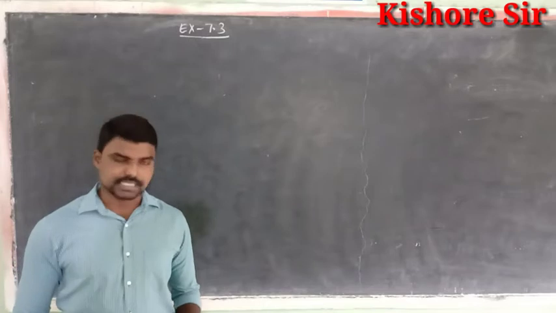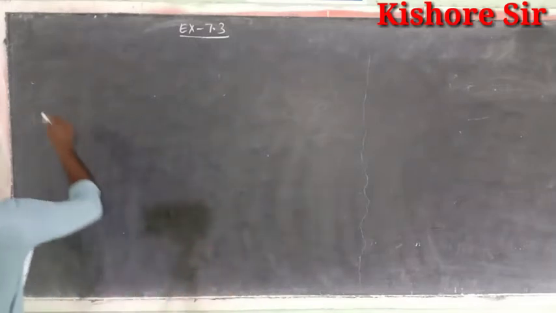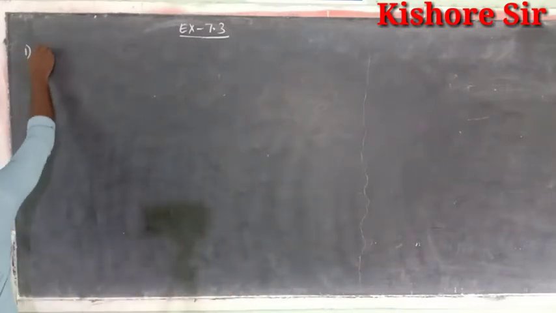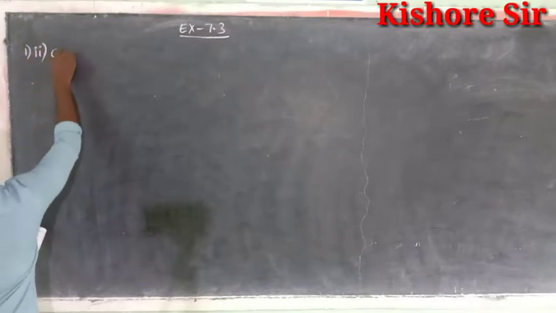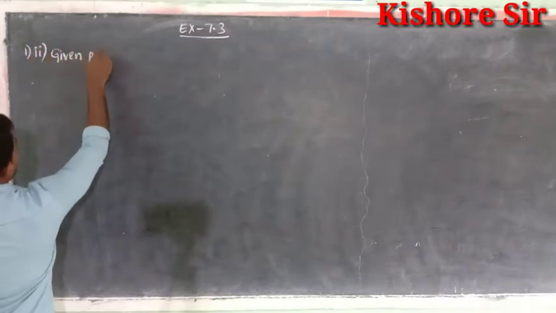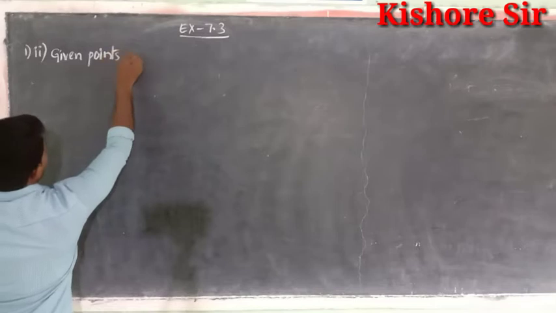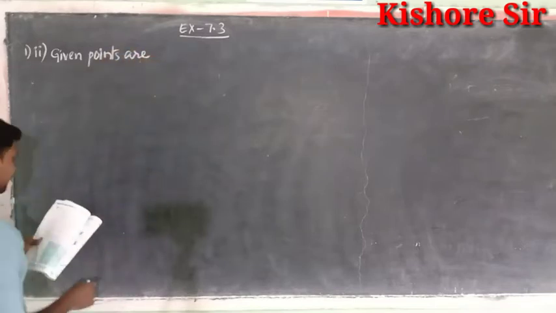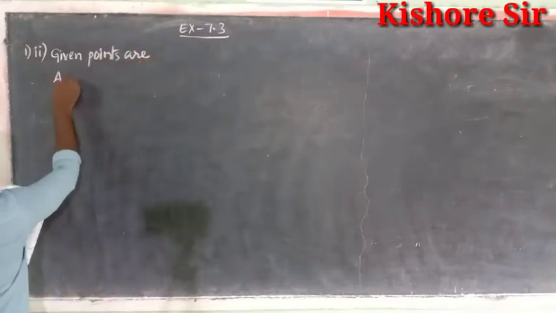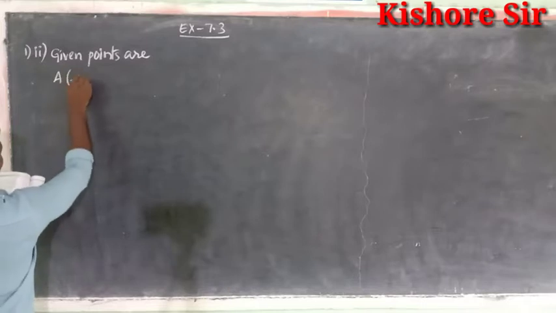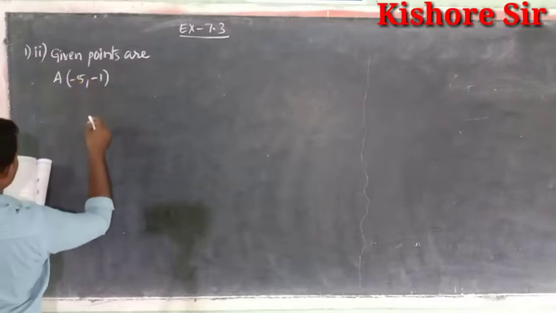Next, second problem. Given points are, first point we can take it as A minus 5 comma minus 1.